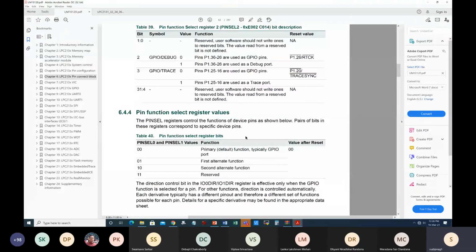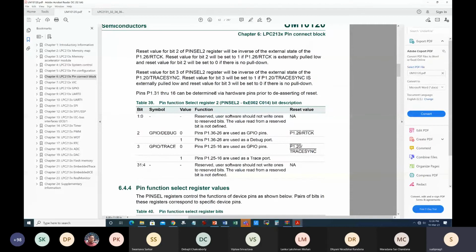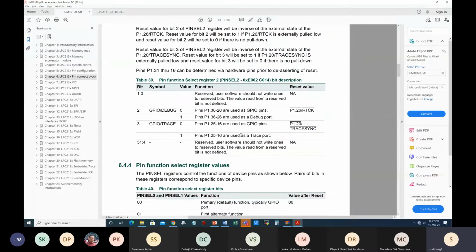This pin cell 2 is a special type of port representing port 1, and certain pins of port 1 are used for either debugging or tracing purposes apart from GPIO. That means the on-chip debugger or the embedded trace logic also share these IO pins. Rather, the peripherals are actually not sharing these pins. So for pin cell 2 you can configure it as either GPIO or trace, or GPIO or debug pins.